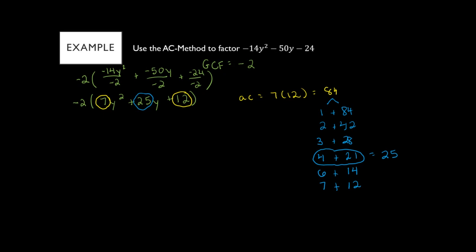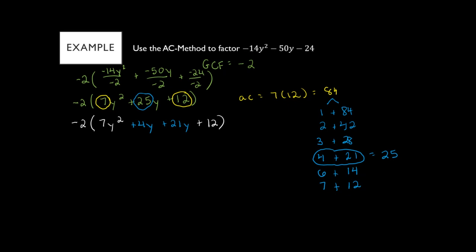So now when we rewrite this, this is slightly more difficult because we have this GCF in front, so we need to keep that there. I've got my 7y squared. Then instead of 25y, plus 4y plus 21y, then plus 12, make sure I'm writing down the right numbers there.